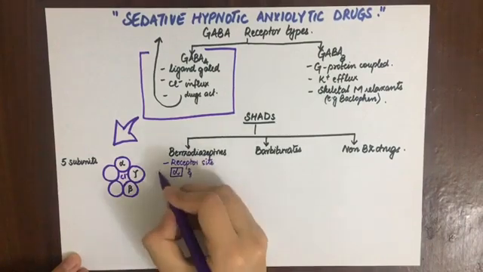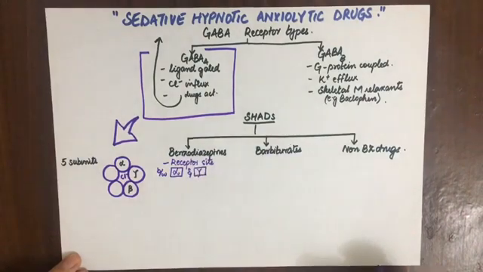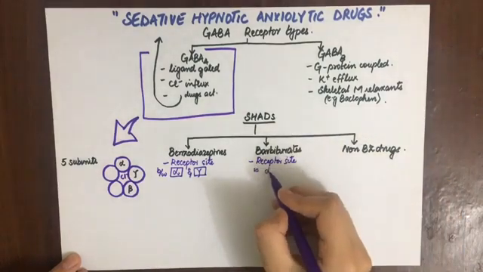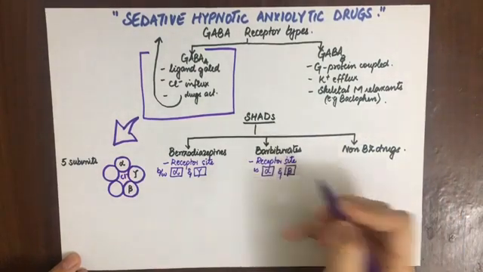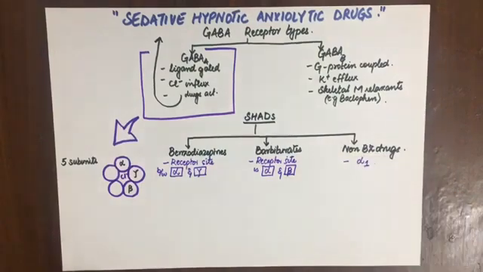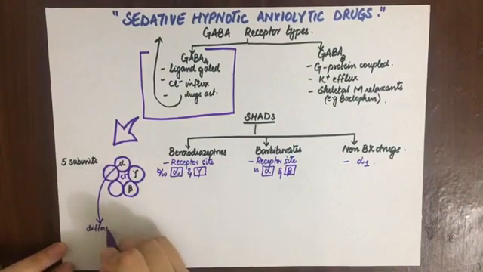Then there is the receptor site for benzodiazepines, which is between the alpha and the gamma. That is because it potentiates the effects of GABA, so it has a receptor site on alpha and that on the gamma. Barbiturate has a receptor site on alpha and beta, and non-benzodiazepine drugs have receptor sites on alpha 1.